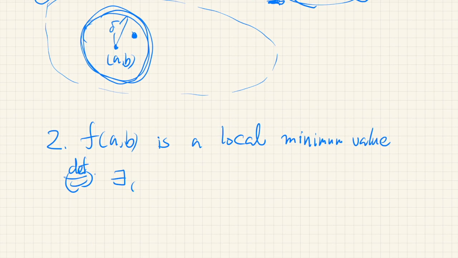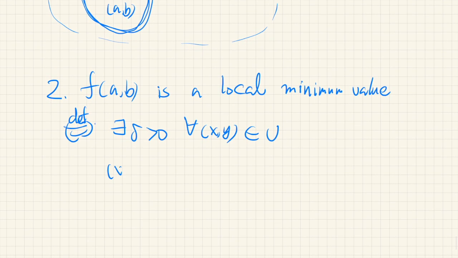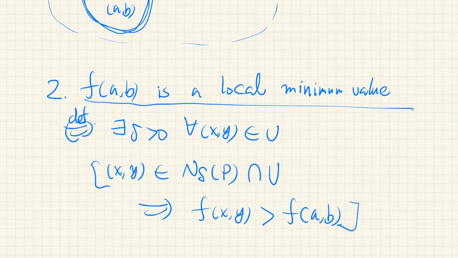There is a delta that is positive such that for all x y in the open region U, if x y is in the intersection between the delta neighbor of a b and U, then the value of the function at x y is greater than the value of f at a b. If this holds, then we say this is a local minimum value.